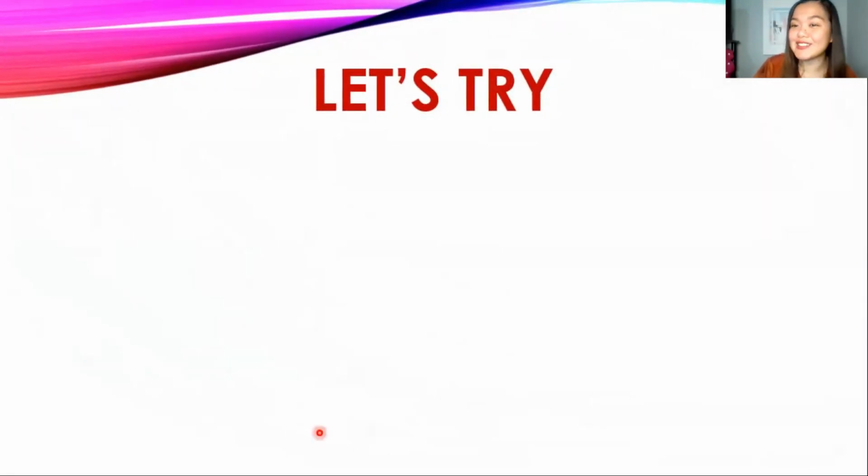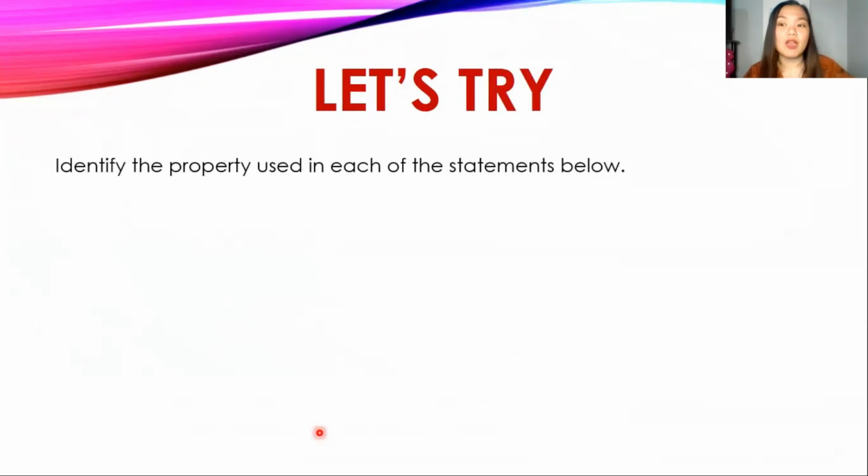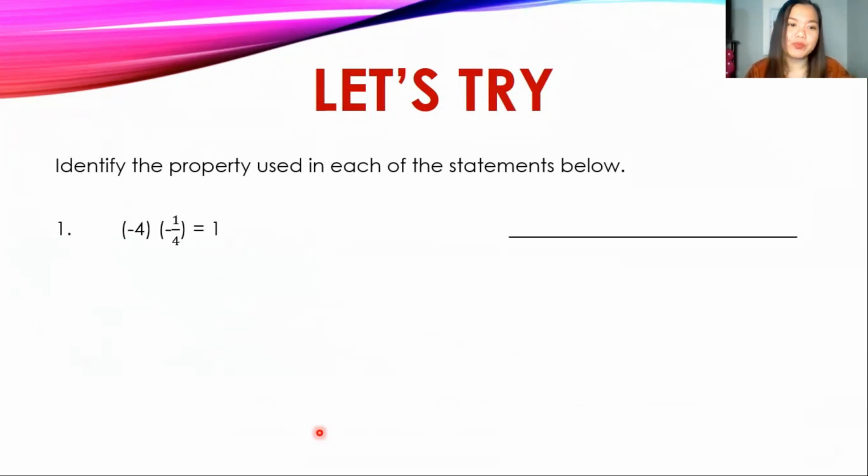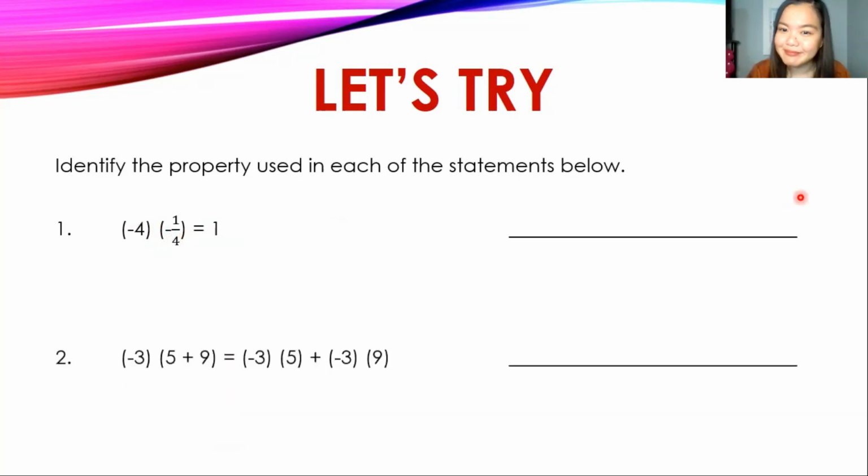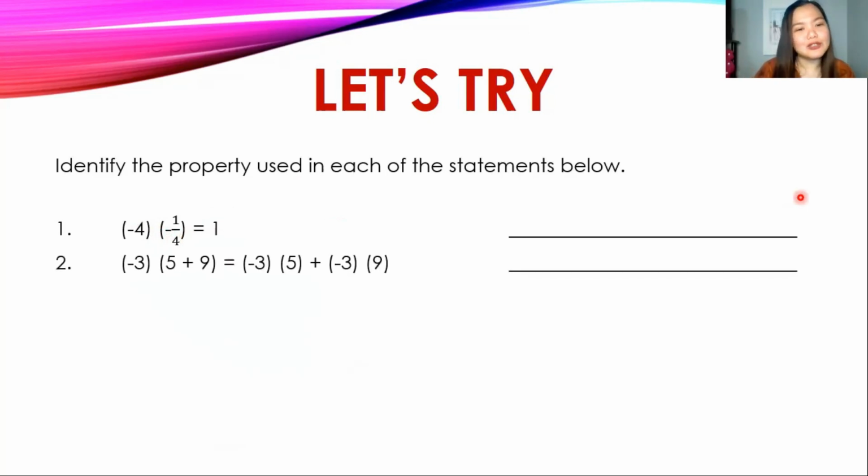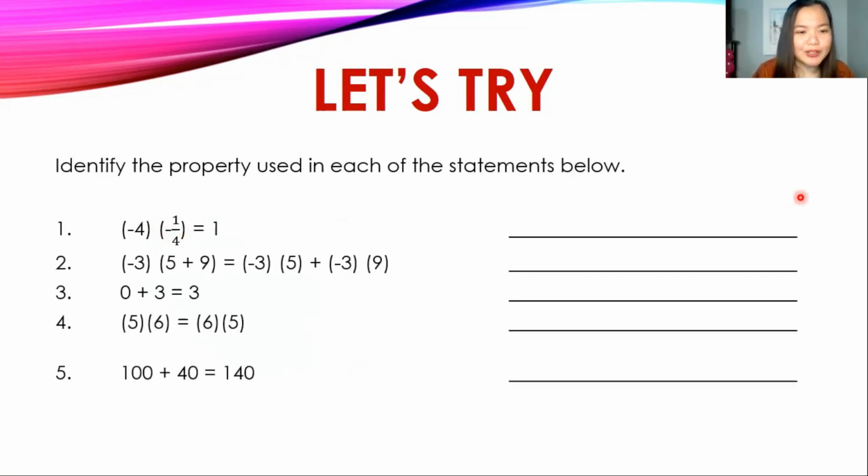Okay, so let's try. Bonus! Identify the property used in each of the statements below. What property is being portrayed by negative 4 times negative 1/4 equals 1? We just finished that, so you should know.